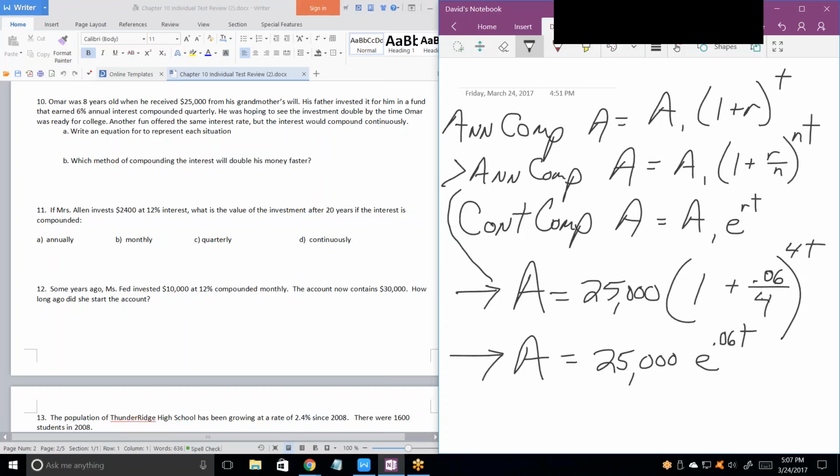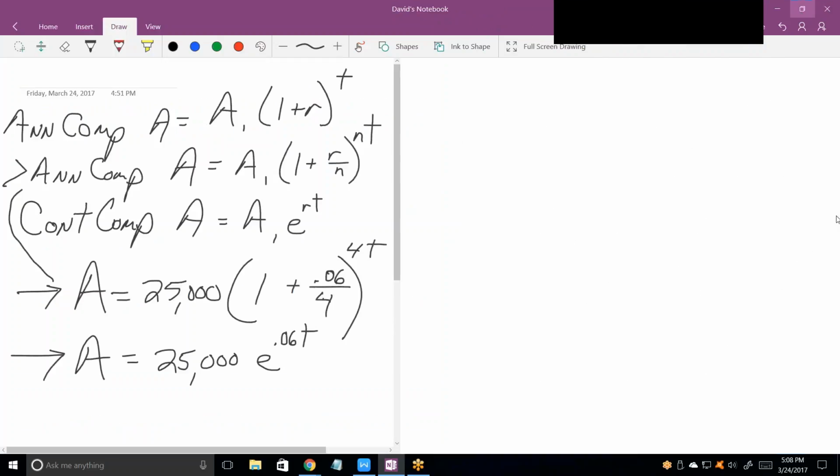Notice that both equations, the only variable is t, really. In other words, the amount you're going to make is going to be a function of t, and in the second one, the amount that it's going to be worth is also a function of t. Which method of compounding the interest will double his money faster? Well, let's talk about two things.